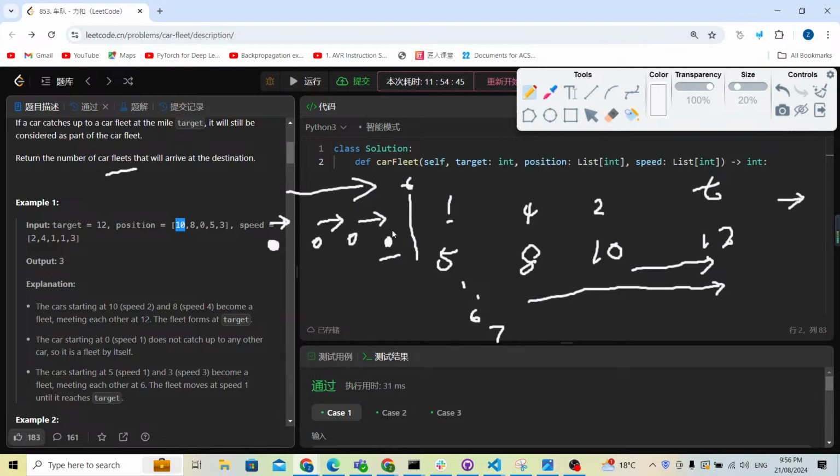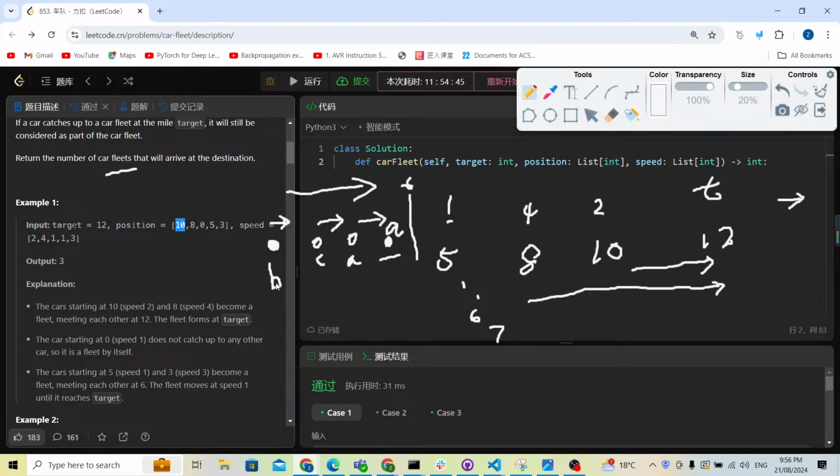Here we have a speed, maybe we'll call it A. But here we have another car, and the speed is going to be B. This A actually comes from here: because this car is faster and this car is slower, maybe this car's speed is C. Those cars become a fleet and the speed becomes A, just because this car is faster and this is slower. So we're always going to choose the slower car.